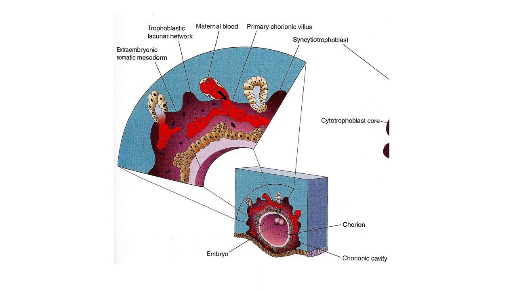So the outer layer of the membrane is the chorion. The inner layer is going to be the amnion, with the embryo situated right there in the middle. And here you can see we're further developing the syncytial trophoblast, the placenta. And now you can see it's starting to push out on the endometrium surface. So that's going to get a whole lot bigger in 9 months.